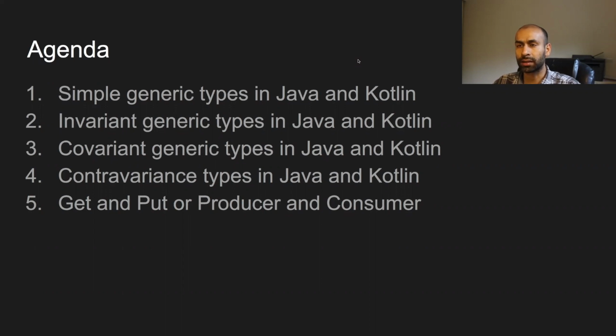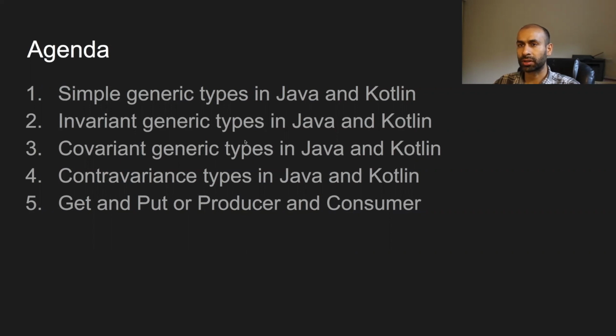And there are three types of variance which we see in generics, and that's also true for other typed languages. The first type is invariant types. We'll see how we write the invariant types in both Java and Kotlin, and also covariant types and contravariant types.